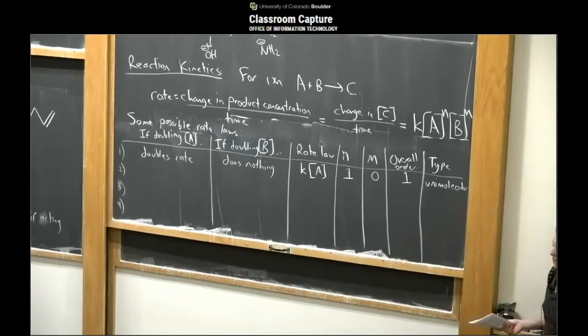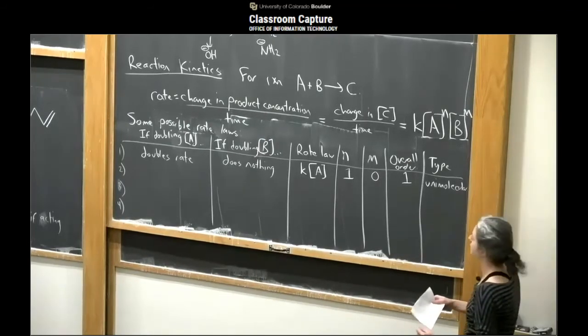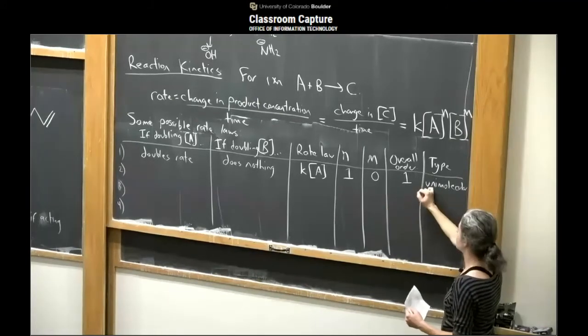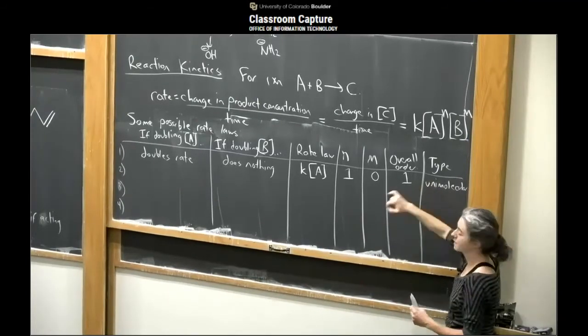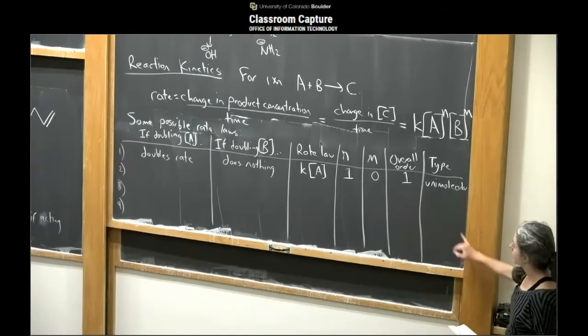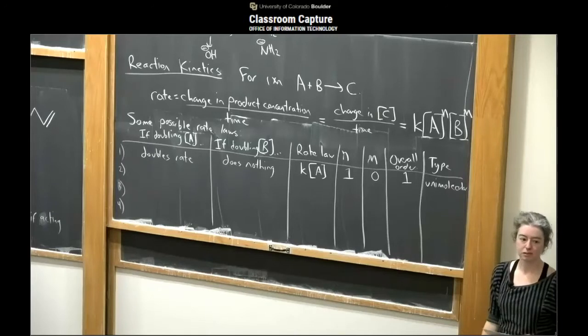So whatever's going on in there pretty much involves just a single molecule at whatever point is setting the rate for the reaction. If you remember from Gen Chem, there's the rate determining step. Actually, yeah, we covered kinetics a little bit when we were looking at alkenes. So whatever the rate determining step is for this reaction only involves a single molecule of A doing something. Okay, so questions about that example?